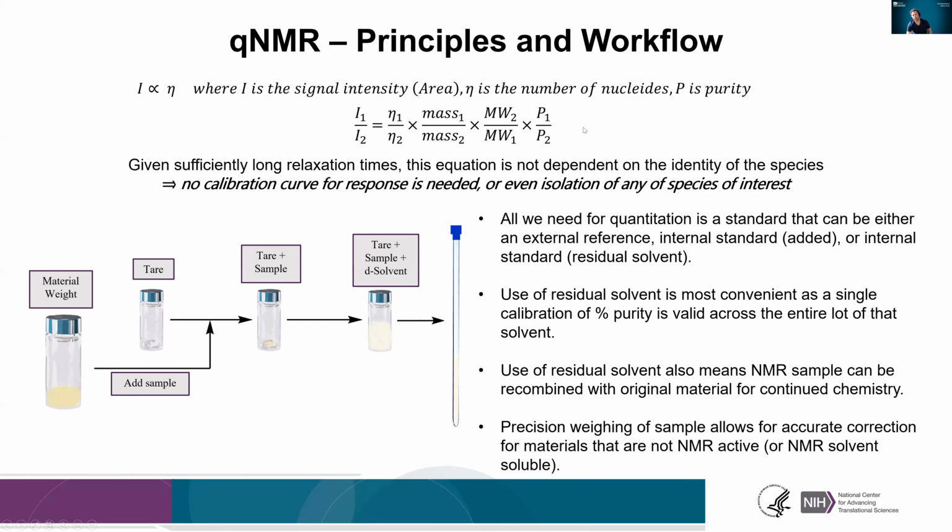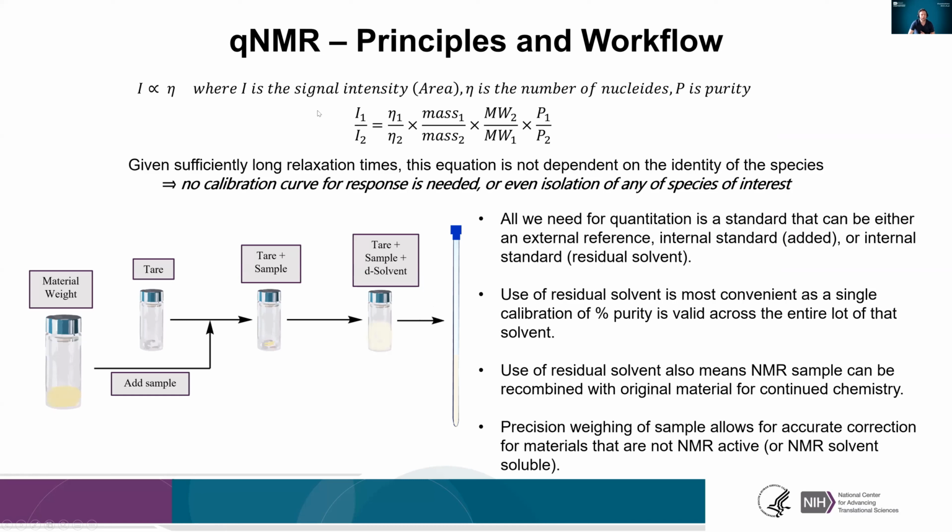So I want to give a brief overall showing of what the qNMR principles and workflow are. The area of a peak is directly proportional to the number of nuclei, and to some degree a ratio of the purity of things.